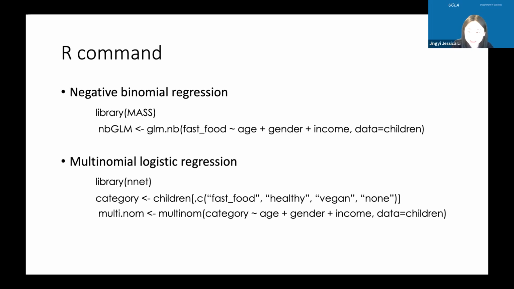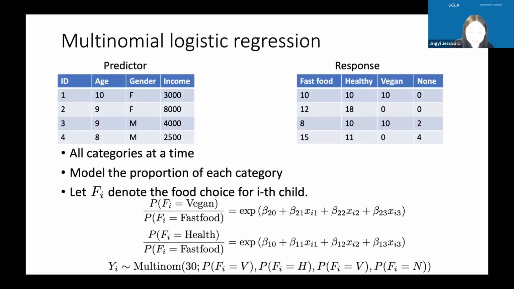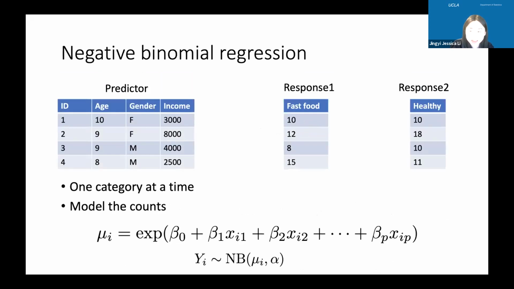Yeah, so I just want to add to Xinzhou's point that these two types of regression, in fact, answer different questions. The negative binomial regression answers the question similar to what the Poisson regression does. That is, whether the expectation of response i changes with a covariate.